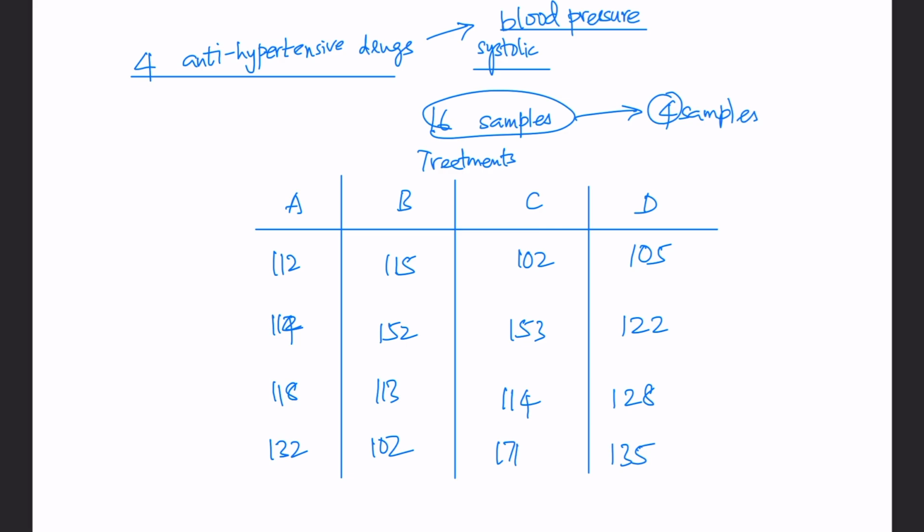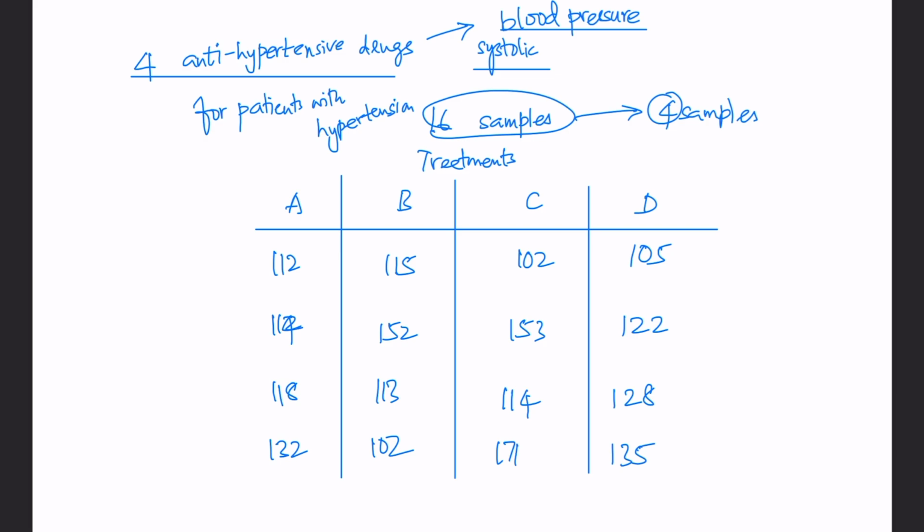We have taken their blood pressure, and we are testing their systolic blood pressure after using the 4 antihypertensive drugs for patients with hypertension. All of the people that we have here are the ones that have hypertension. So what would be the experimental design we call here?